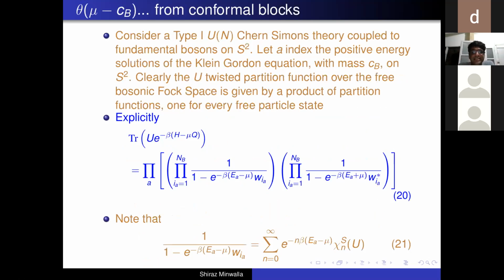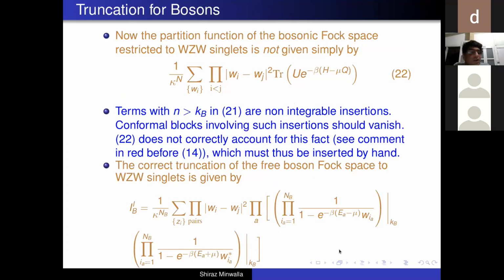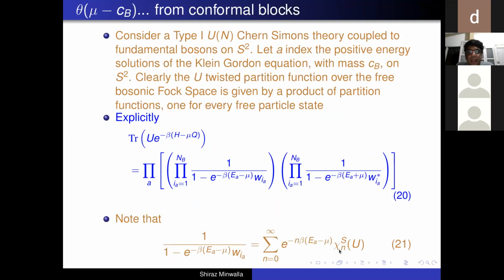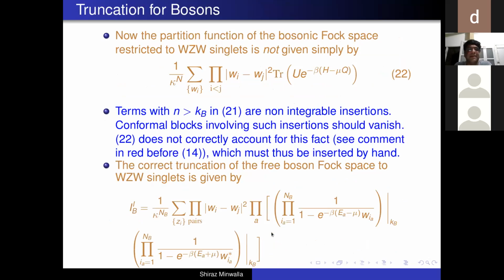Notice that in this expansion we have this little n going from 0 to infinity, and when this little n exceeds k, the representation is no longer integrable. So if we want to restrict to the space of conformal blocks of these Wess-Zumino-Witten singlets, we're supposed to truncate this expansion by hand from n to infinity to n up to k. So that's what we're supposed to do here.